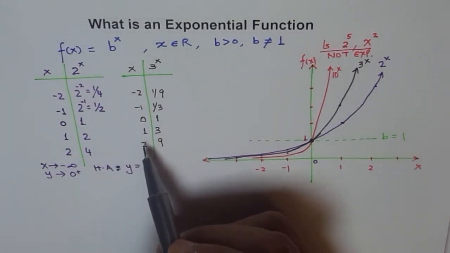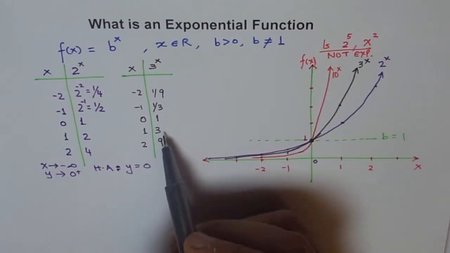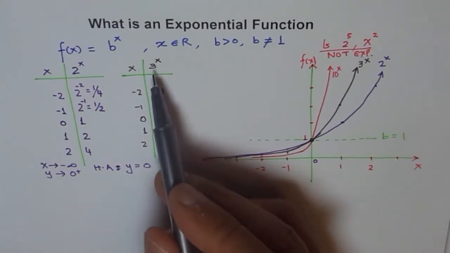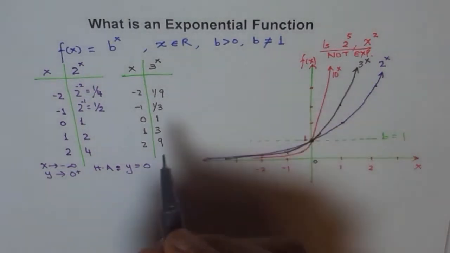For a quadratic function, the second difference was constant, and the first difference was increasing by 1, 3, 5, 7. I hope you remember that. But here, you see the numbers are getting multiplied by a factor, correct? And their first difference is also a multiplication by the same factor.